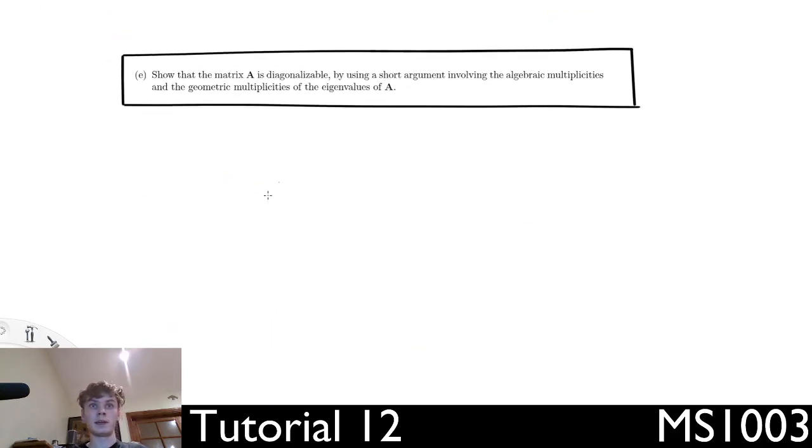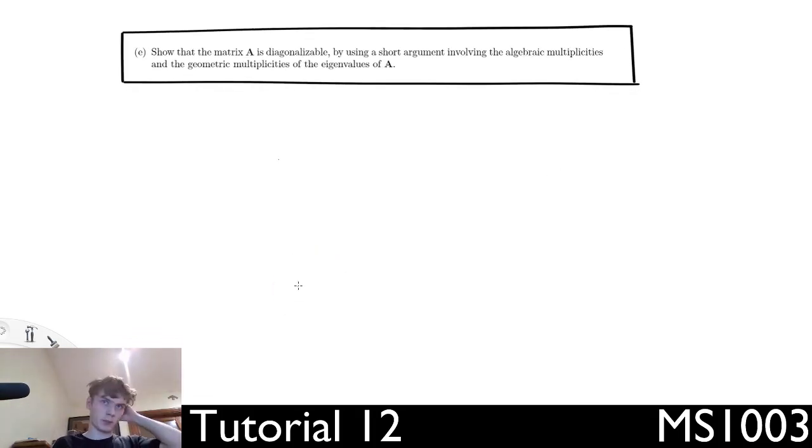Now part E is going to have us talk about the algebraic multiplicity and the geometric multiplicity, and that has something to do with A being diagonalizable. So if you know this stuff from lecture notes, then it's going to be a reminder or a recap.